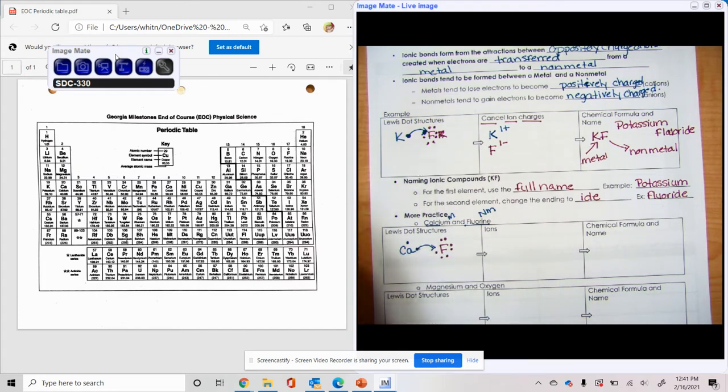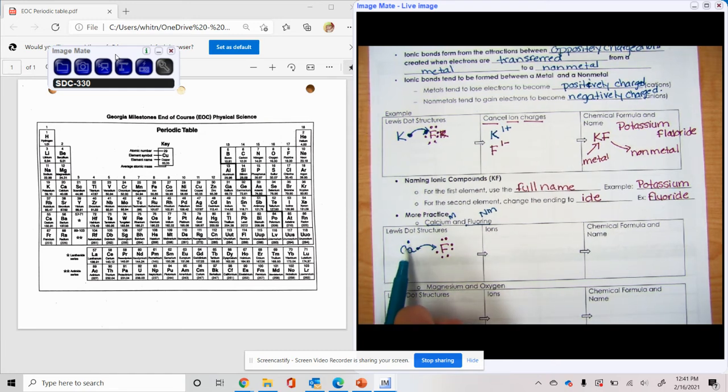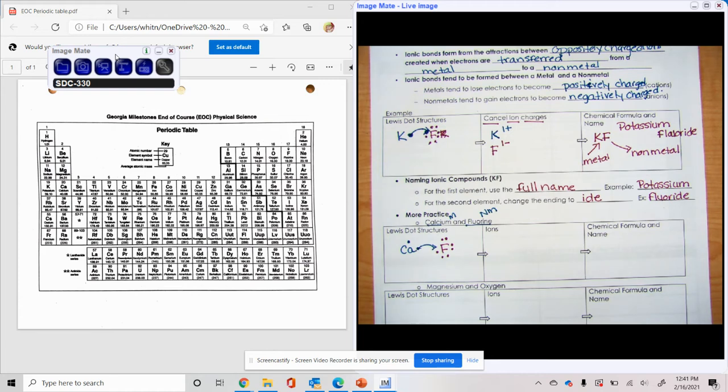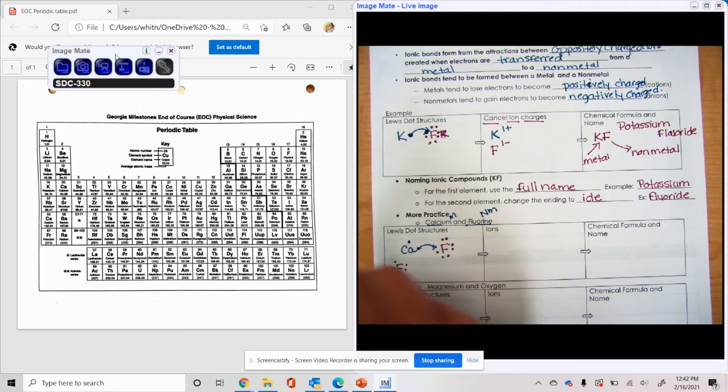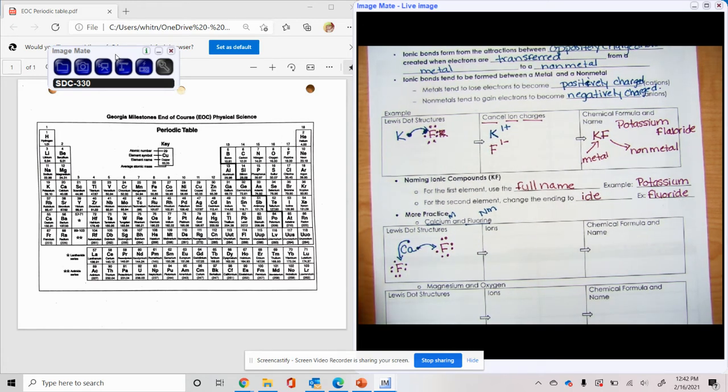Now that fluorine's full, is calcium full yet? No, because calcium still has 1 left over. So I can't take away valence electrons, but what I can do is add an element. I'm just going to add another fluorine. Remember, fluorine had 7. And so now this calcium will come here.